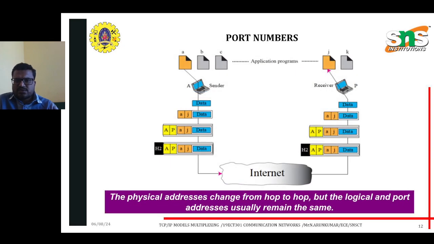Next one is port numbers. If you are connecting to the internet, the port is very important because sometimes the LAN connections play an essential role. To forward the data to the next model, we need to consider the port numbers so that it receives the same data from the source to the destination end.